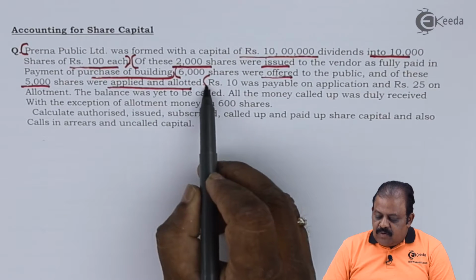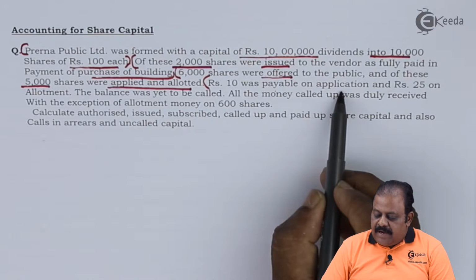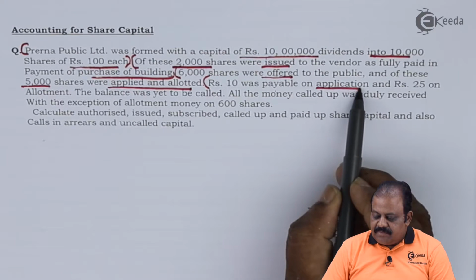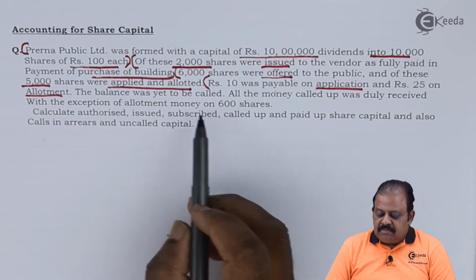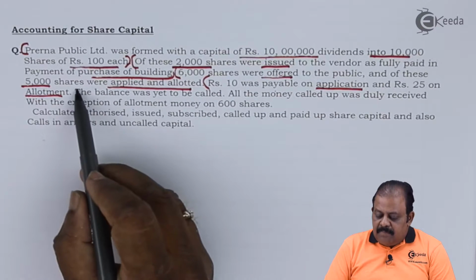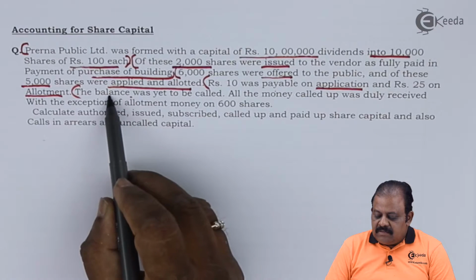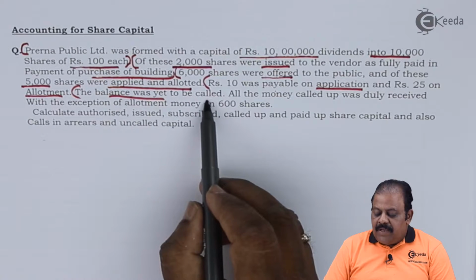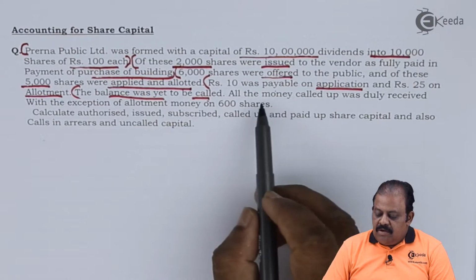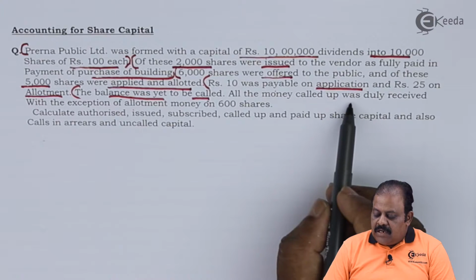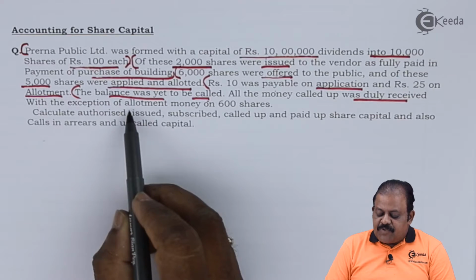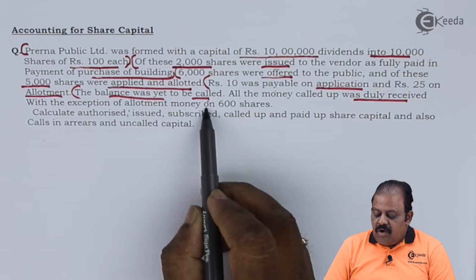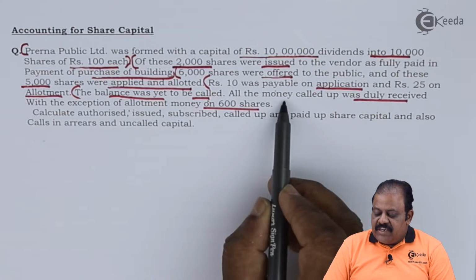Rupees 10 was payable on application, rupees 25 on allotment. The balance was yet to be called. All the monies called up were duly received with the exception of allotment money on 600 shares.